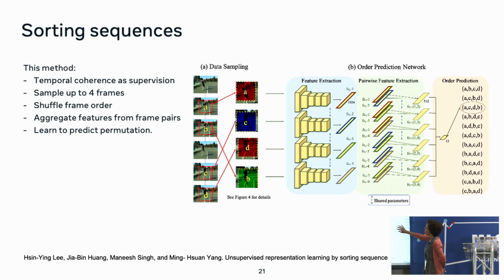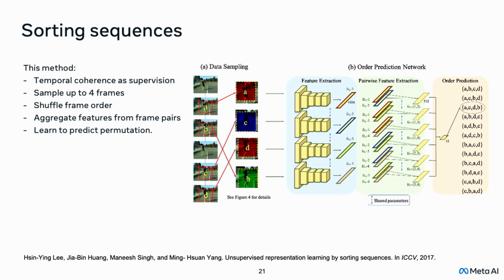You have these 4 frames, they're shuffled. You apply a model to it, right? So you extract some features. Then you do some combinations of these features. It's not super important. And then once again, you're going to do a prediction task. In this case, you're predicting the permutation that was made, right? So you can see here a set of potential permutations, and the goal is to predict the permutation that was used.